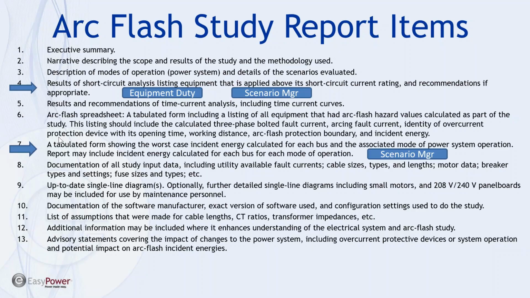And secondarily, the results can be generated even across several different scenarios, because just like the arc flash incident energy calculations, when you change the configuration of the system, likewise you're changing the available fault current and potentially dealing with issues in the equipment duty side of things.